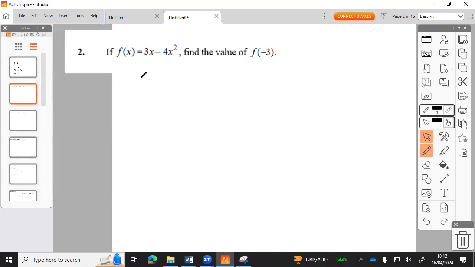So the -3 is getting substituted in wherever we've got an x in there. Remember you can get asked the functional notation questions in 2 different ways. Either you get a final result, you're trying to work out x, or you're getting something to substitute in the place of the x. In this case, we're substituting in the place of the x.